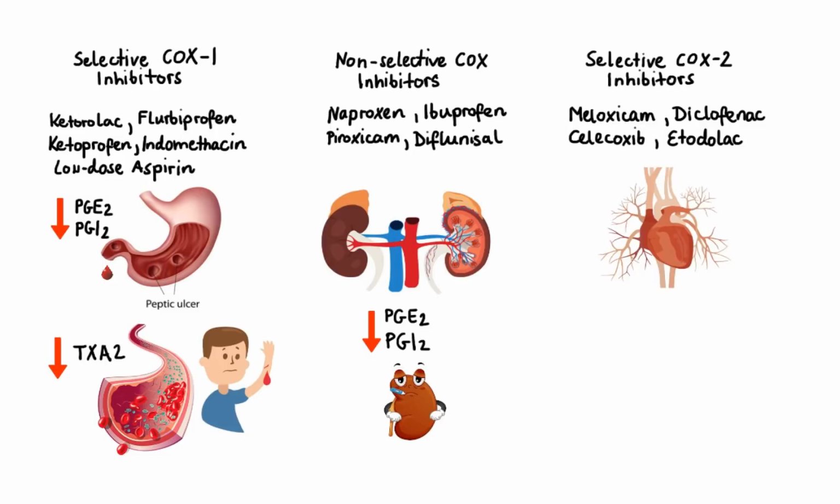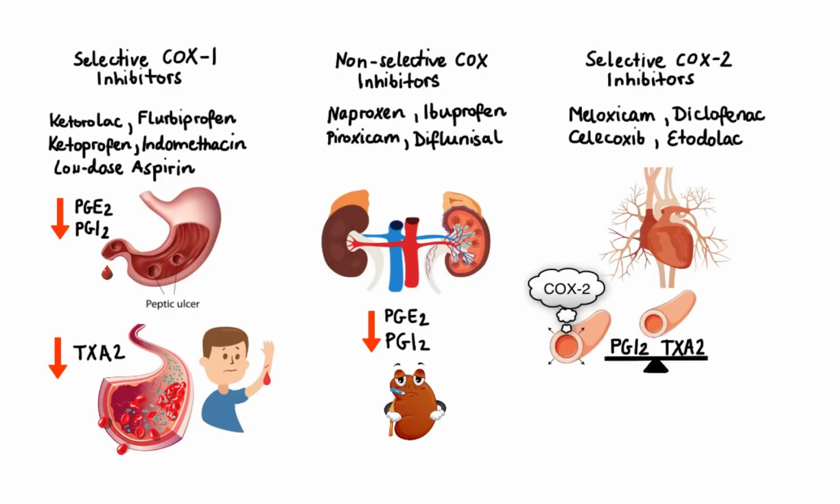In order to understand where this adverse effect comes from, let's take a look at the blood vessel supplying blood to the heart. So under normal conditions, we have a balanced effect between prostacyclin and thromboxane A2. Now, prostacyclin is produced mainly by COX-2 in the endothelium, and it's responsible for vasodilation and inhibition of platelet activation.